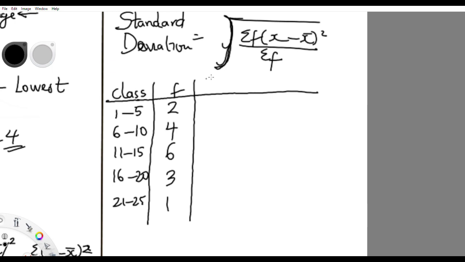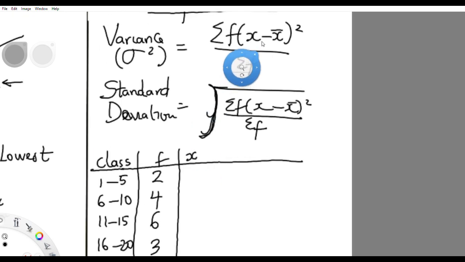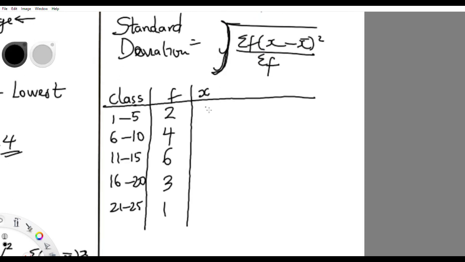Now we need to get x first and foremost. Since you need x from the question, you need x, and then you need x bar, that's the mean. So the x, remember, add 1 and 5, that is 6 divided by 2, that's 3, this 16 divided by 2, 8, then this is 13, this is 18, and this is 23.